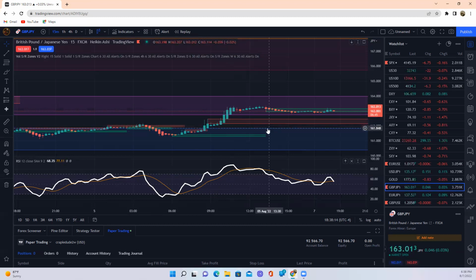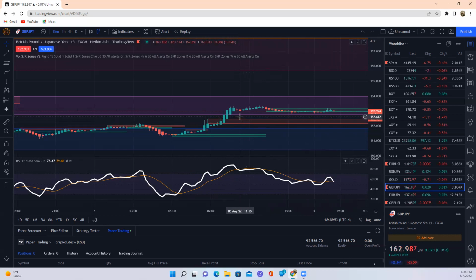Now, Heikin Ashi candles are not that way. Heikin Ashi candles have a different calculation, which takes into account the open, the close, the high and the low. It takes all of that into account, does the calculation, and then divides it by 2. So basically what the Heikin Ashi candle is doing is giving you the average price movement of the previous candle, which gives you the current candle.